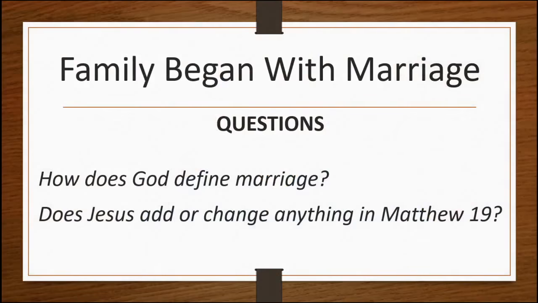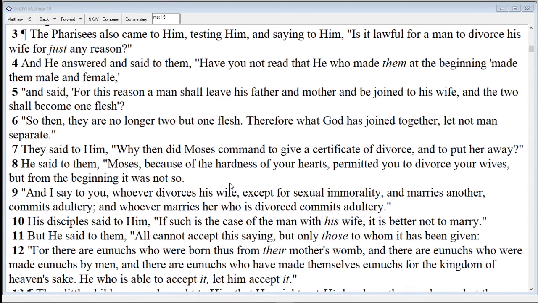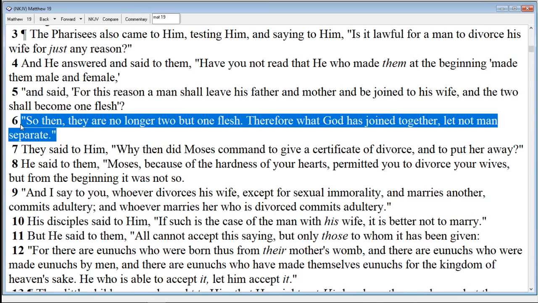At the same time, you might take notice that whenever he continues to think about this or elaborates on this, he just gives us a little more detail. For example, he says that this is something that God has created and that man is not to separate. Rob kind of picks up on something. Rob makes a point to see that here is what God says, verse 6, they're no longer two but one flesh.